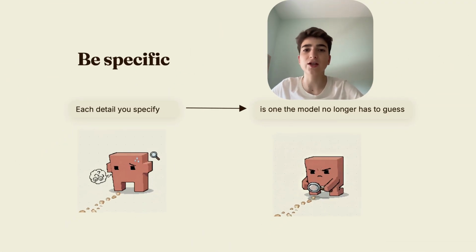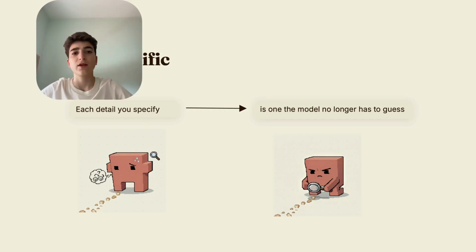Then we have the section about being specific. It's important to be specific, because if you are not, there is detail you do not specify. Claude, for example, or the large language model, like in this image, doesn't know what it has to find, so it just stays there.